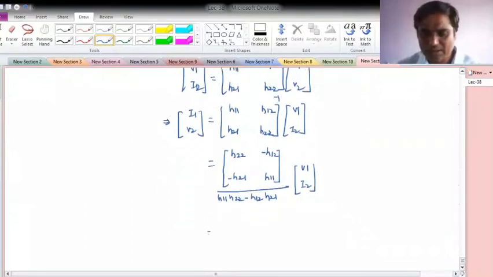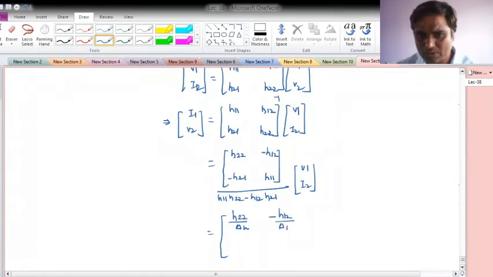And this will be nothing but H22 over the determinant of the H parameter, minus H12 over the determinant of H, minus H21 over the determinant of H, and similarly H11 over the determinant of H, multiplied with V1 and I2.